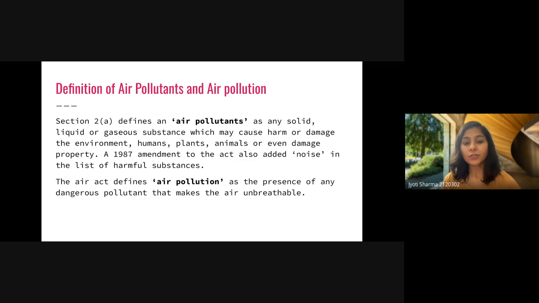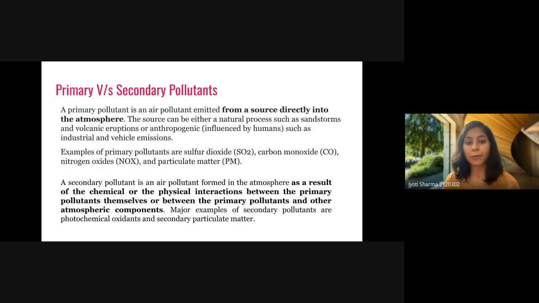And air pollution we can define as the presence of any dangerous pollutant that makes air unbreathable. If we are talking about primary and secondary pollutants, just keep in mind, whenever there is any combustion or anything that humans are doing on the surface, and from that source any pollutant goes out into the atmosphere, that is known as the primary pollutant.